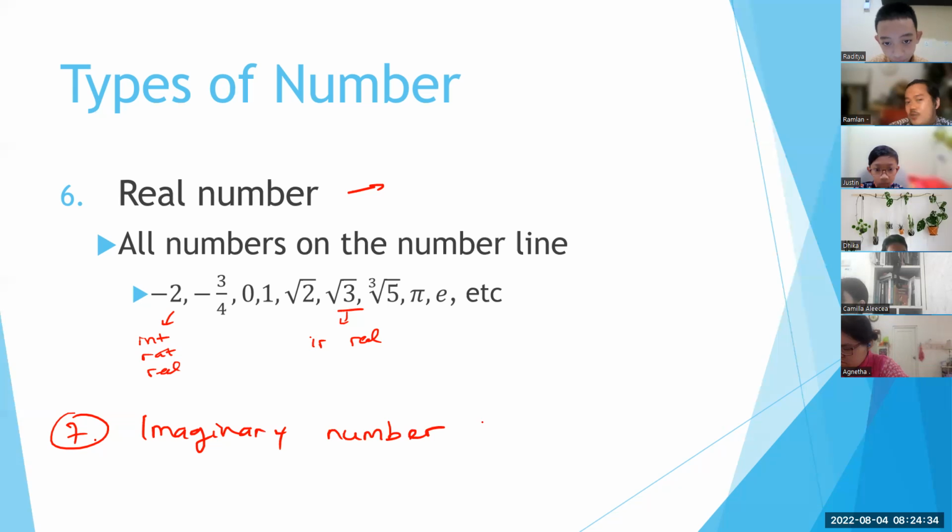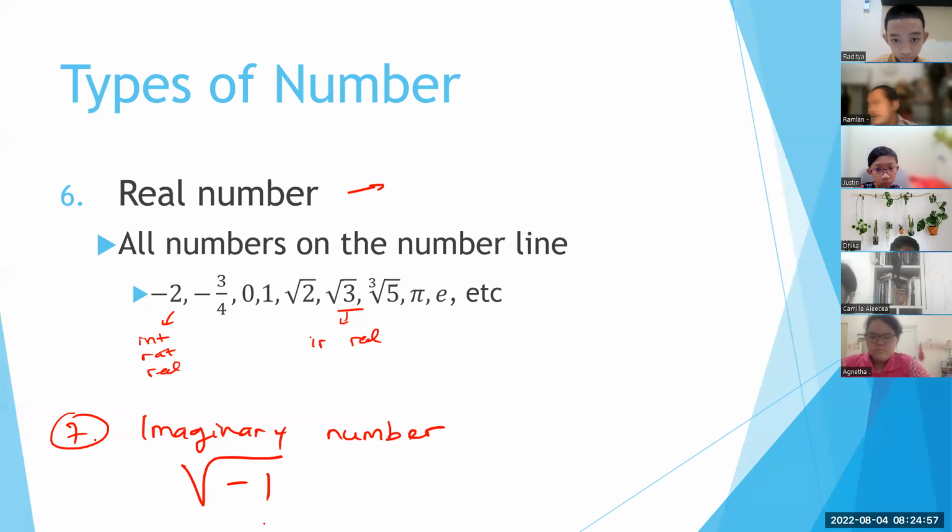I would like you to use the calculator and press the square root of -1 and see what you got. You can use the calculator in Google or on your phone.